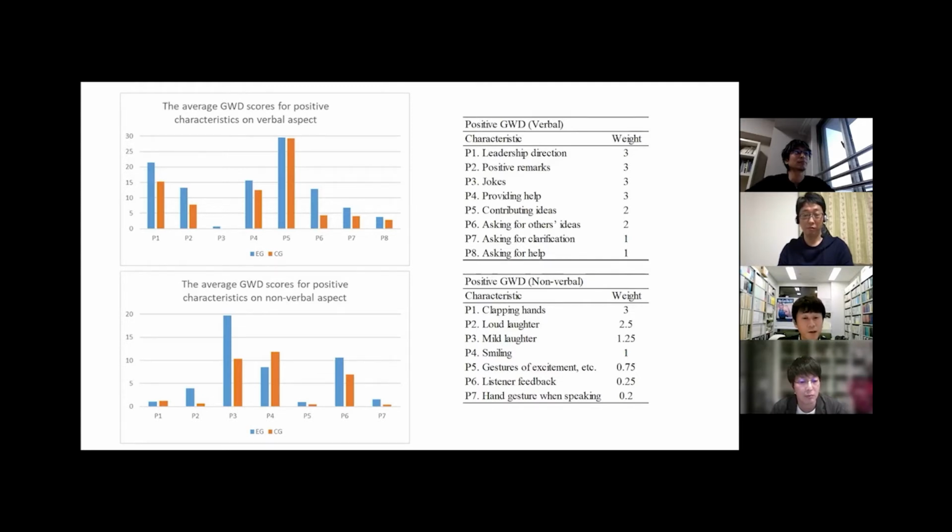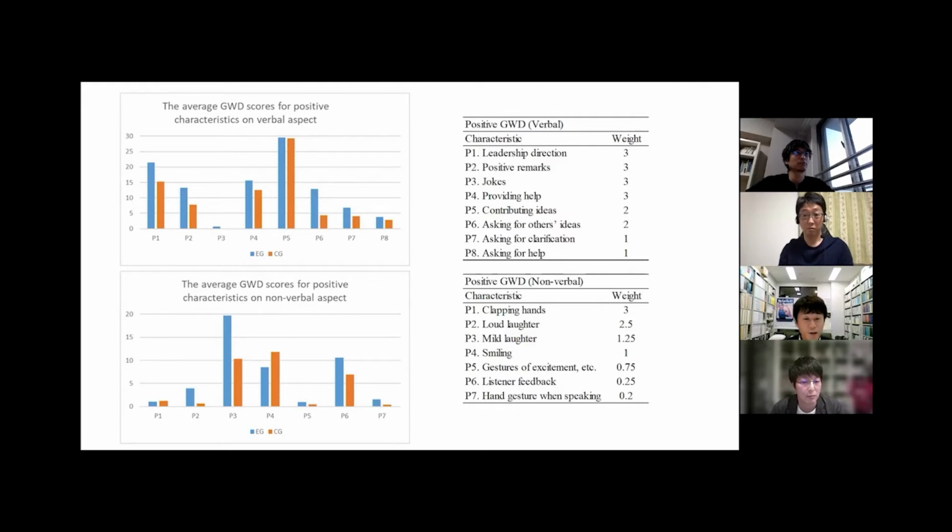More specifically, while behaviors such as contributing ideas, as in P5, were more common in both groups, characteristics such as leadership roles, P1, making positive comments, P2, and asking ideas from other members, P6, were more common in the experimental group. As a result, a large amount of mild laughter, P3, in the non-verbal aspect was observed in the EG.